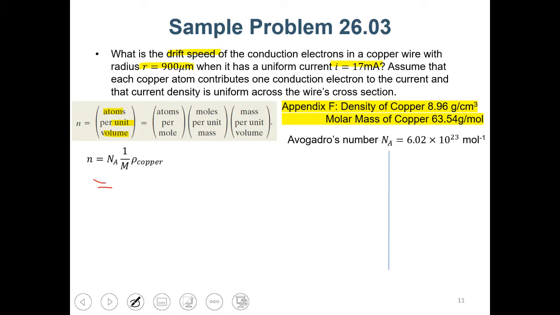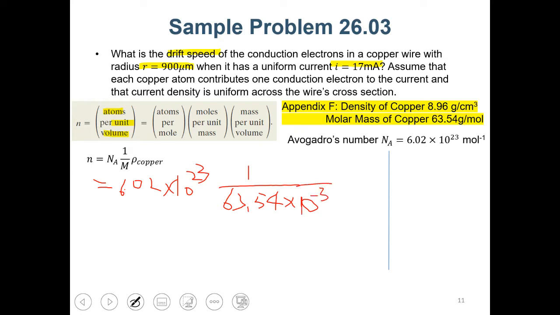So atoms per mole is 6.02 times 10 to the 23rd power, and then moles per mass, which is the inverse of the molar mass, so 63.54 gram per mole. But actually, we want kilogram rather than gram, so we need to convert it to kilogram.